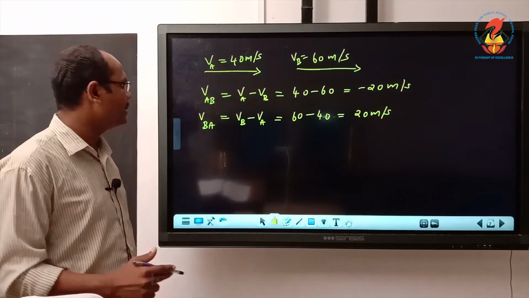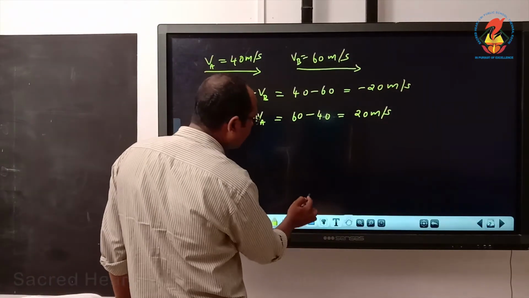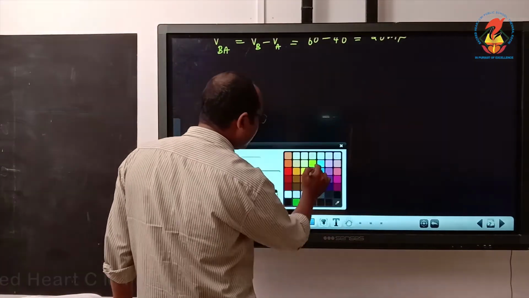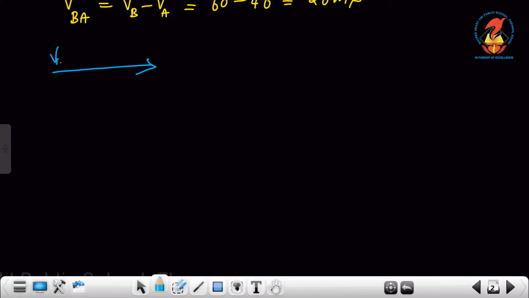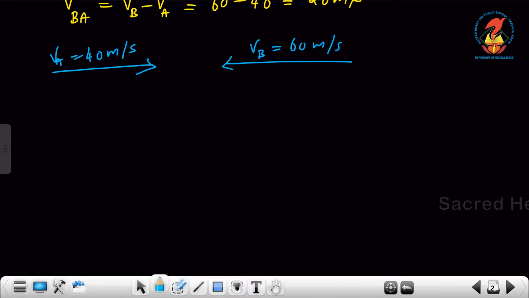Now let us discuss one more example. In this example, I am going to stage two vehicles. One is moving like this and another vehicle is coming in the opposite direction. So two vehicles are approaching each other.